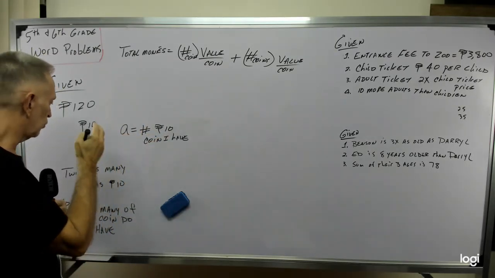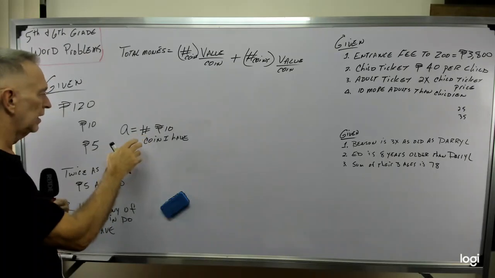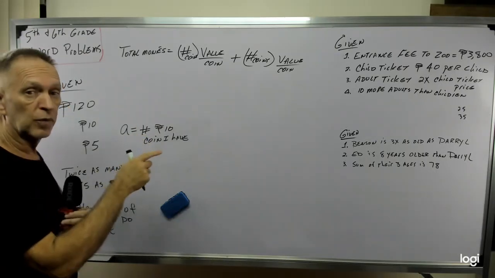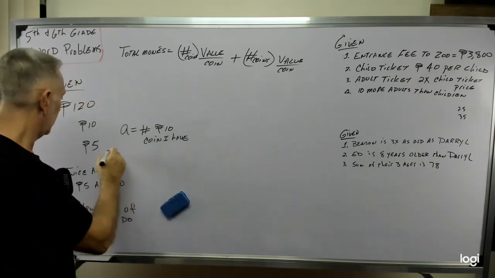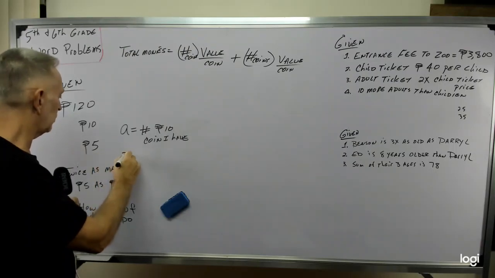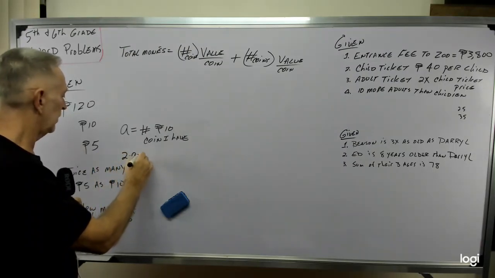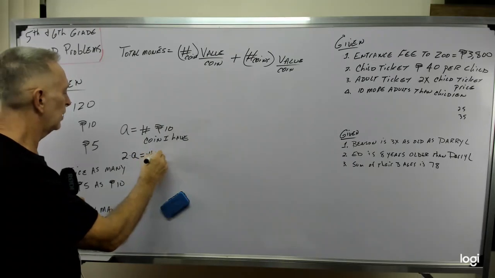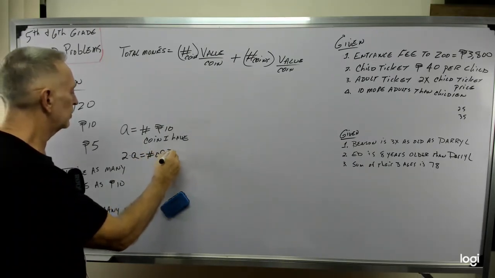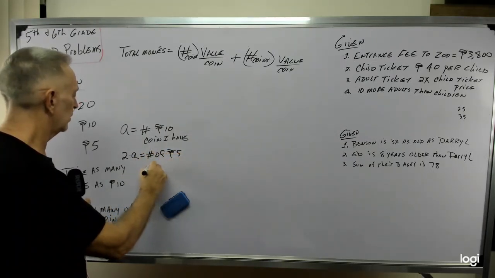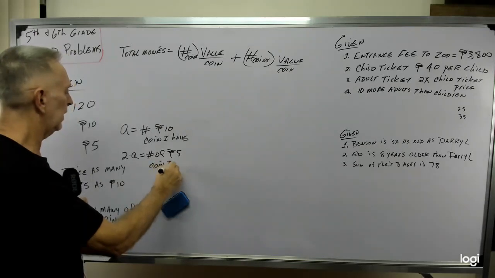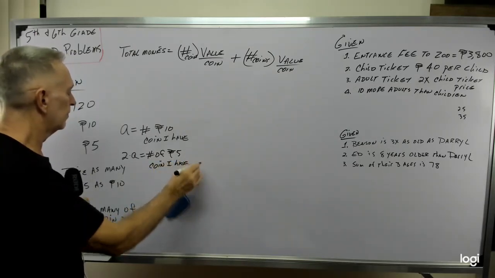So if A is the number of 10s I have, the number of 5s equals 2A, and that equals the number of 5 peso coins I have.